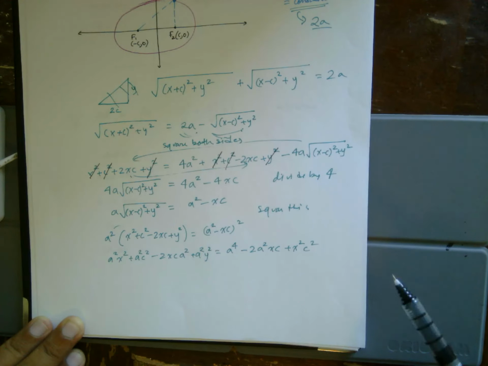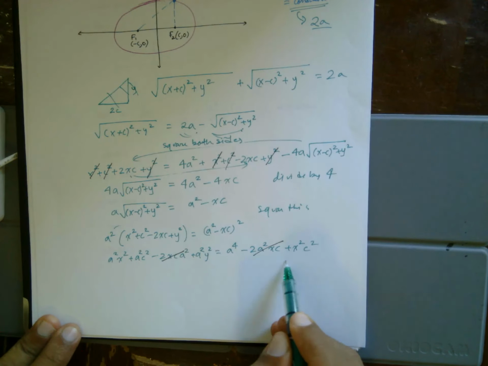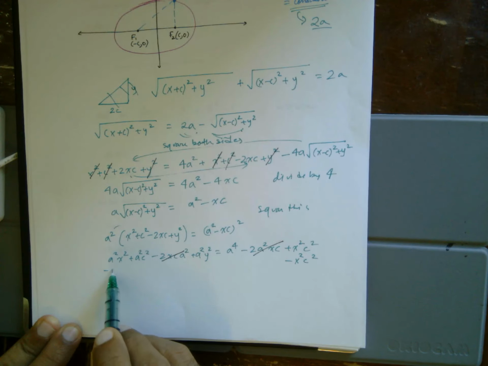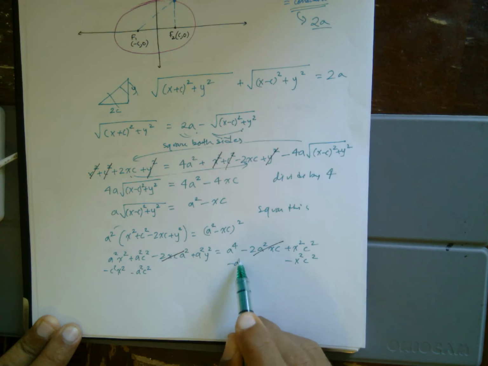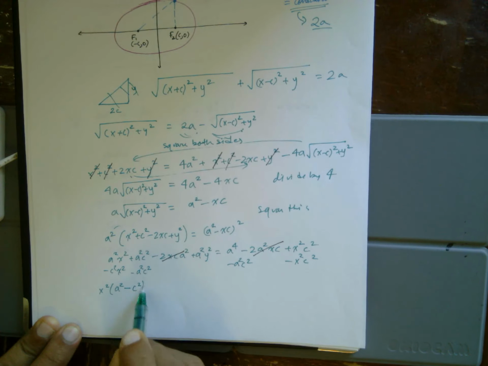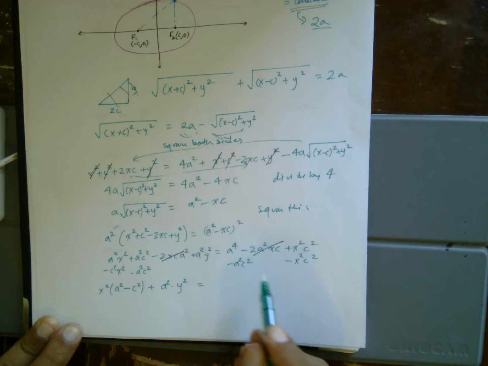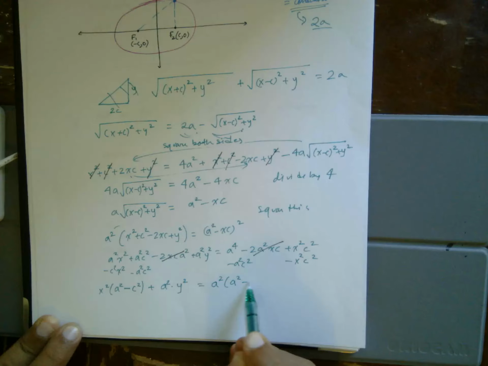Now what can I cancel here? This gets cancelled out, which is good. Let's collect all the terms I have. So I subtract x squared c squared from this side, so that's c squared x squared, and from this side I subtract a squared c squared. So I get x squared times a squared minus c squared plus a squared times y squared equals a squared times a squared minus c squared.